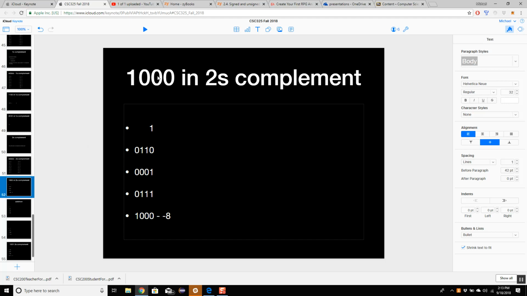This is the value 8. 1's place, 2's place, 4's place, 8's place. We knew it started off as a 1 here, so that means it's a negative number. We subtracted 1 from it, giving us 0, 1, 1, 1. Then we flipped the bits, getting us a 1, 0, 0, 0, which is the same value we started with, but this is the decoded version of that value. Does that make sense? Go ahead.